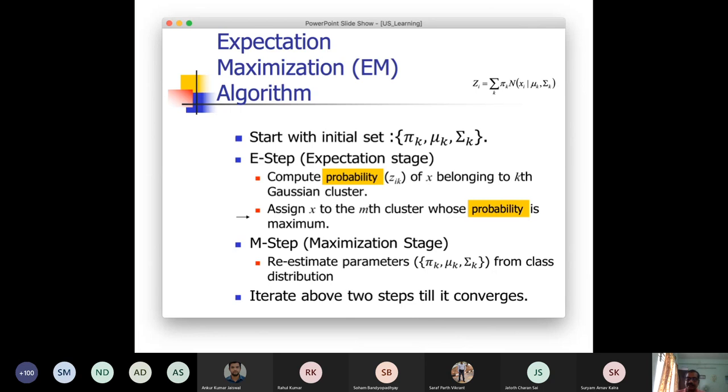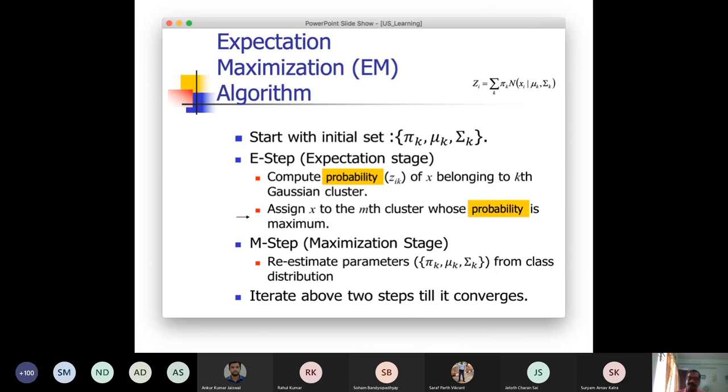You take that partition, that initialization is your expectation stage, and then you compute those parameters. Now you use those parameters, because you have new probability density functions with these partitions, the parameters will be re-estimated and used once again to do the next stage of partitioning.